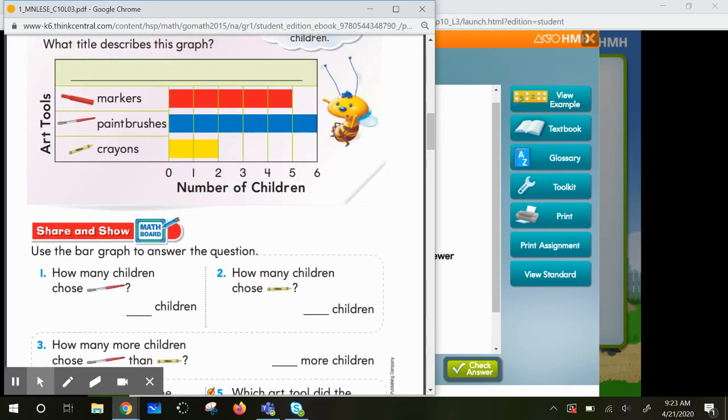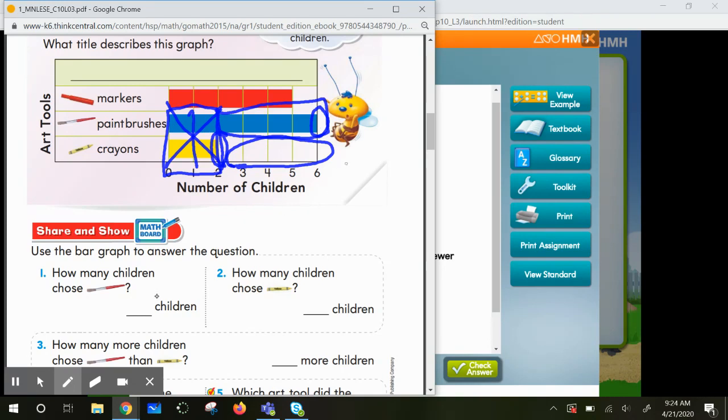So I find my paintbrushes. I find my crayons. Well, I can match this one and this one. These are the same right here. This is how many more, or this is how many fewer. So there are this many more children who chose paintbrushes than crayons.